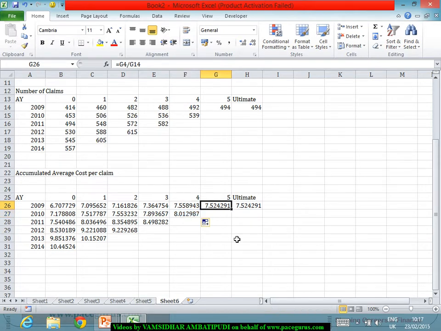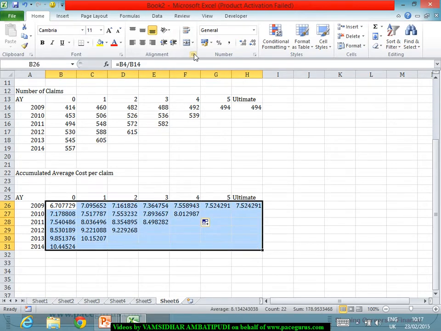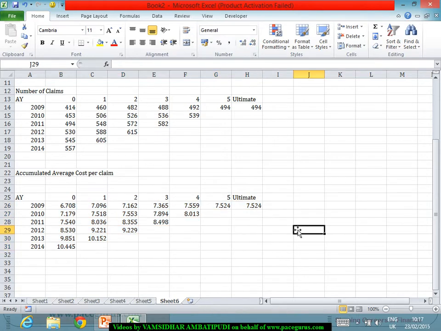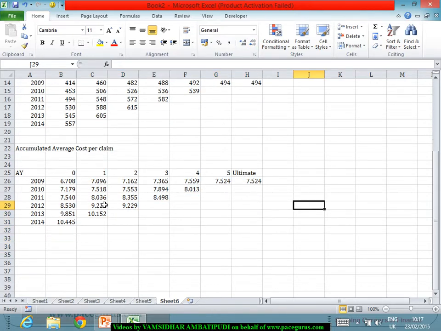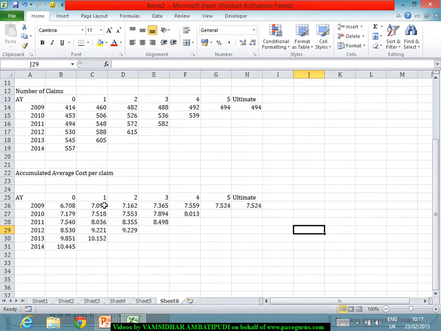So these are the approximate number of claims, amount per claim, average cost incurred per claim. So probably we can even give better clarity by doing some kind of rounding off in terms of the presentation. Now, this is where I'm looking at the grossing up.